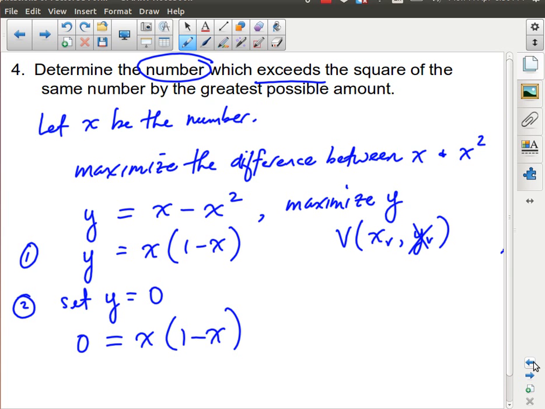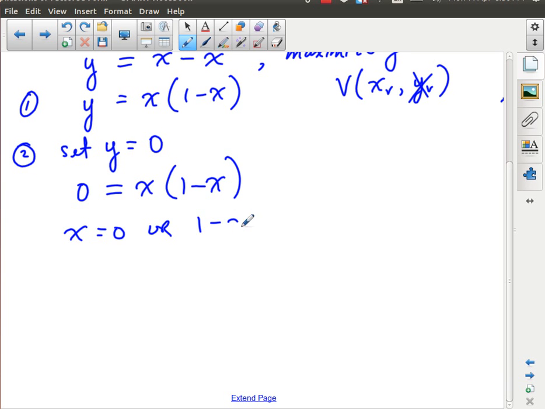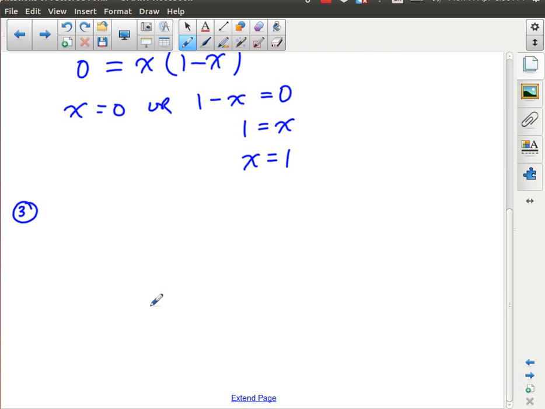Oh, sorry. And so the way this can occur is if x equals 0, or if 1 minus x equals 0. This one becomes 1 equals x, or x equals 1. Then, step 3, the x-coordinate of the vertex is to take these two zeros, 0 and 1, add them together and divide by 2.